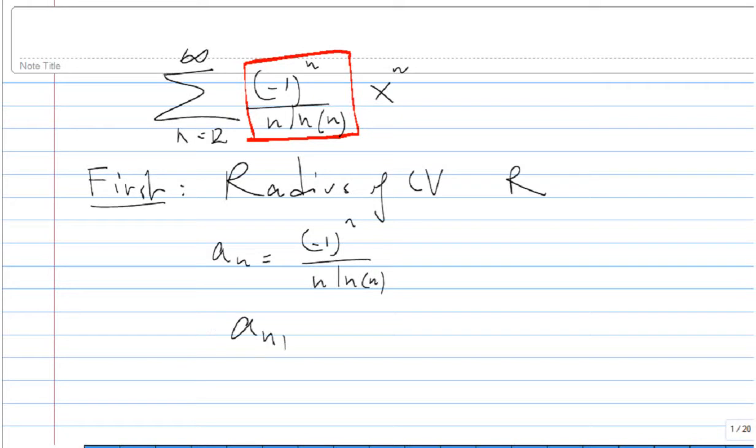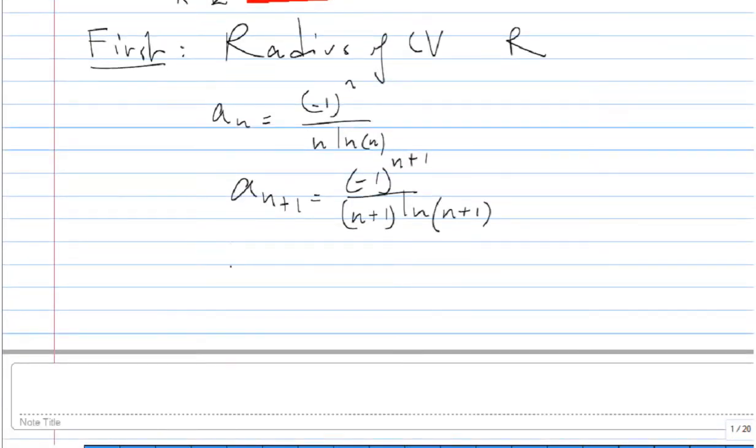Okay, so here we have a_(n+1) equals (-1)^(n+1) over (n+1) natural log of (n+1). So now the absolute value of a_(n+1) over a_n is, so we can remove the (-1)^n, and we have a fraction over a fraction, so it's going to be the top fraction times the inverse of the bottom fraction.